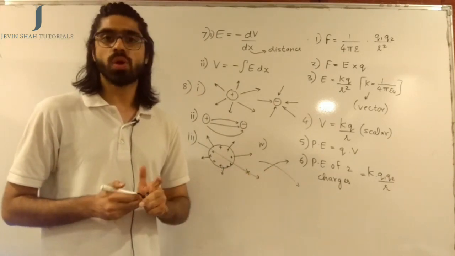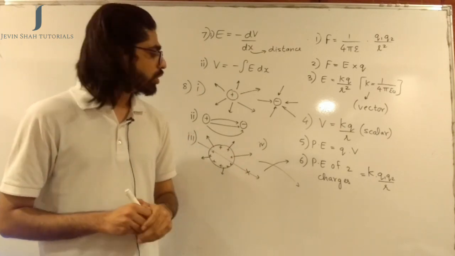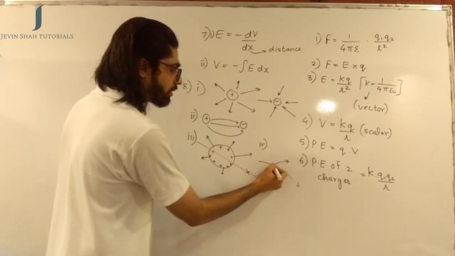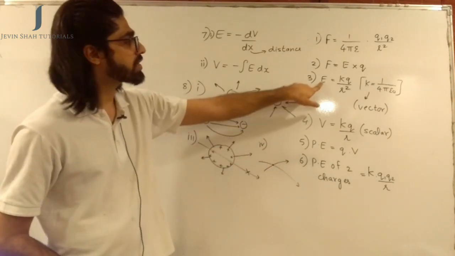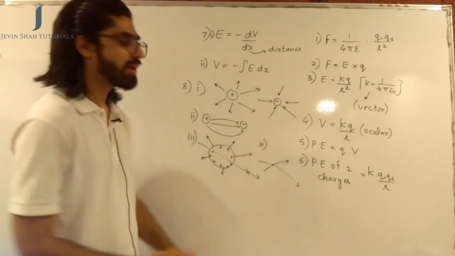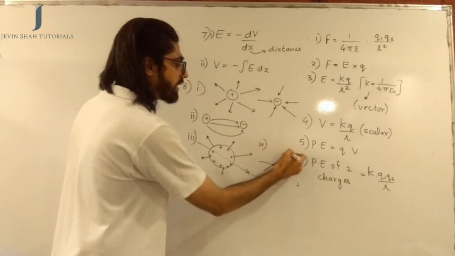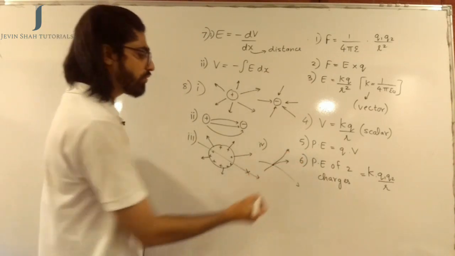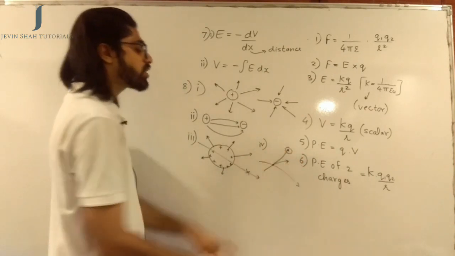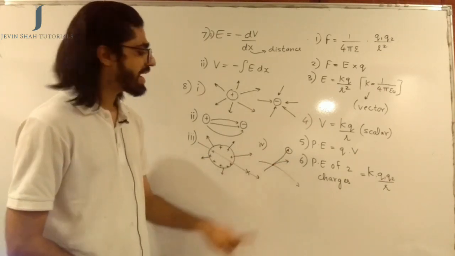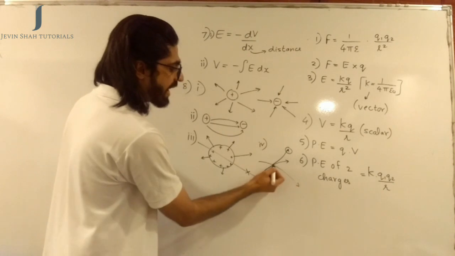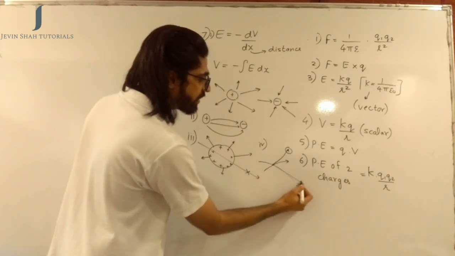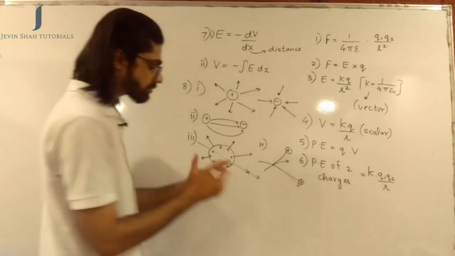The theory tells you, or even common sense, if you think over it, you will realize that at any given point, the direction of electric field intensity, that is the direction of this E, is going to be given by the tangent drawn to the electric line of force at that point. So for this line of force, the direction of electric field intensity is this, at this point. Now for this electric line of force, at this point, the direction of electric field intensity will be this.